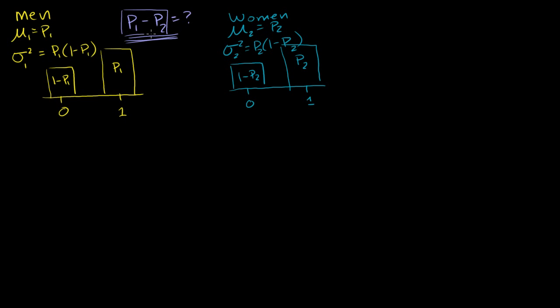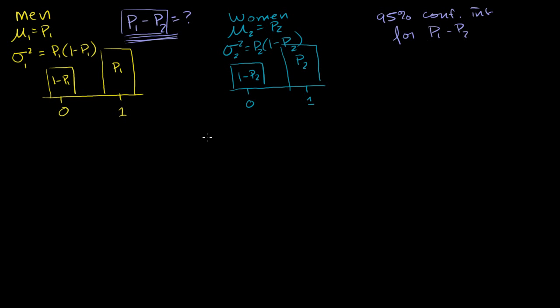This difference of parameters is still a parameter. We don't know the true difference of these two population proportions, but we're going to try to come up with a 95% confidence interval.